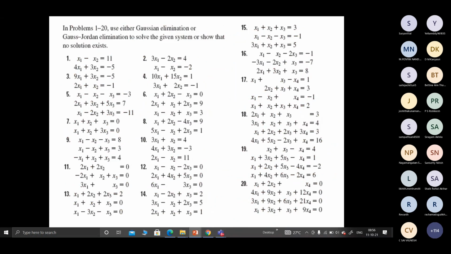Okay, is that clear? Yes, sir. So you can try, even the 20th is a homogeneous system, correct? There are 4 equations, 4 unknowns. One solution is 0 0 0, the trivial solution, that we are not interested in. It will have a non-trivial solution, so that you have to find out.